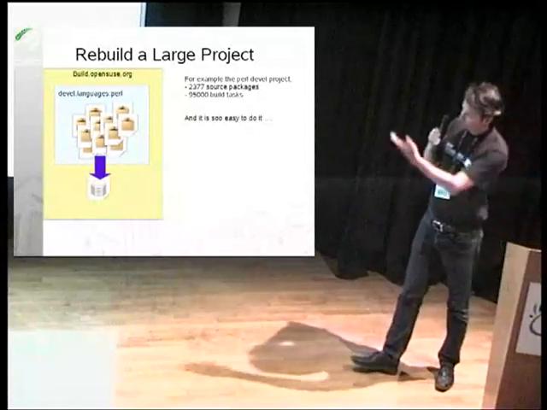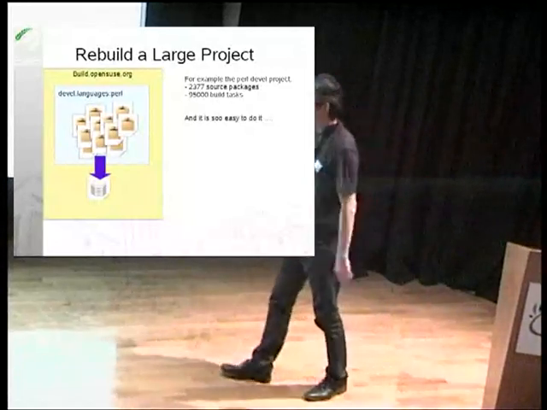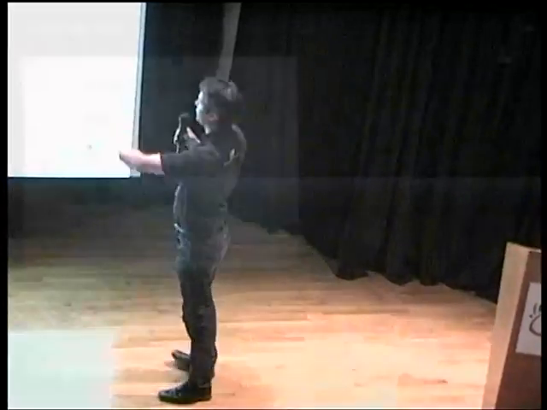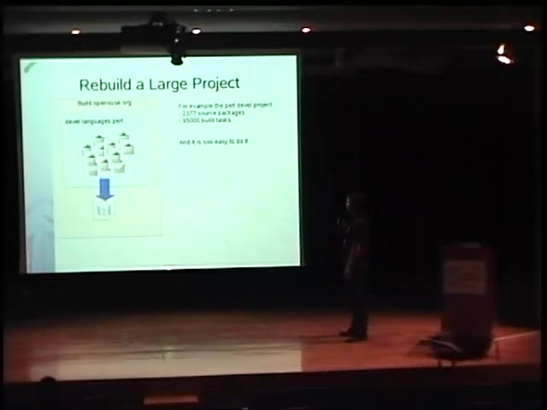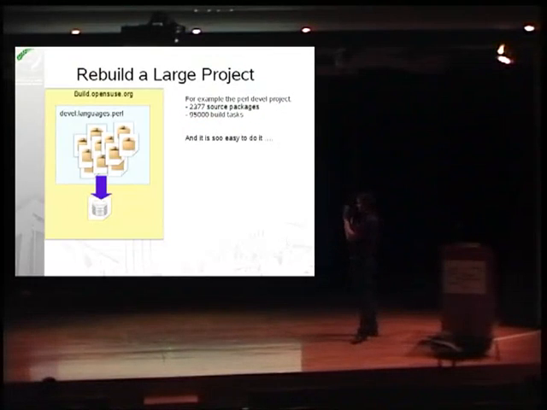Yeah, this is actually the example I was speaking about with Perl. So there's this devel languages Perl package. I believe it's also some Hack Week project where many, but by far not every, packages from CPAN got imported automatically. So it's relatively large, 2,377 source packages.